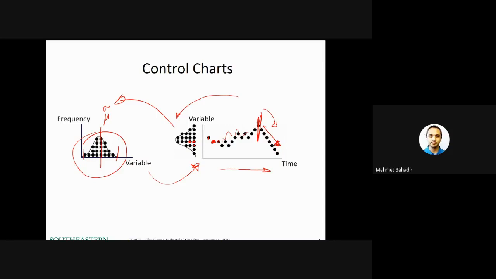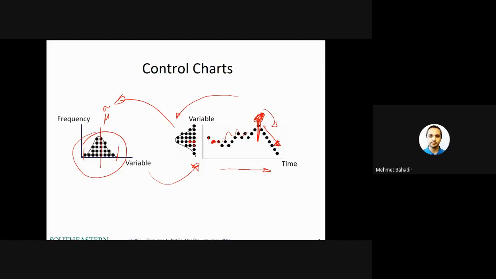So I can definitely interpret it in a way that something changed at that point in time, and the data values started decreasing. And I can focus my efforts on the reason why the data points started decreasing.